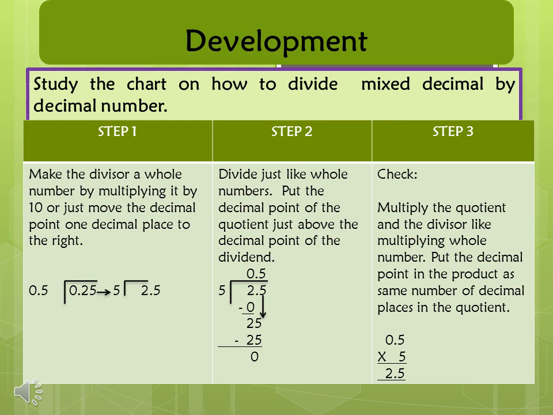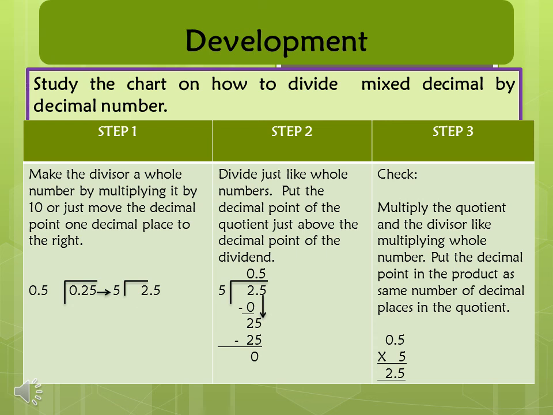Ngayon, yung dividend natin na 25 hundreds ay imumove din natin ng isang decimal point. So, isang decimal place. So, ang magiging 2 and 5/10. So, kung ilang beses kayong nag-move sa divisor, ganun din katulad din ng imumove nyo sa dividend.